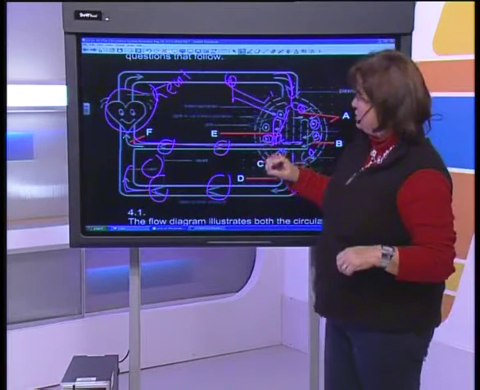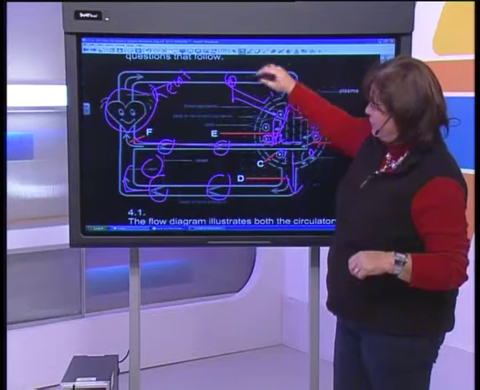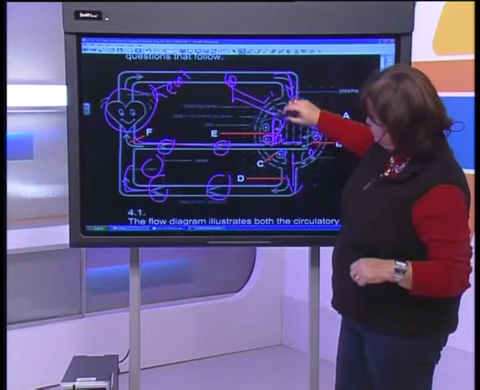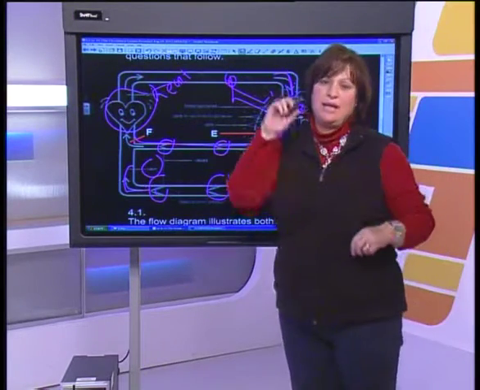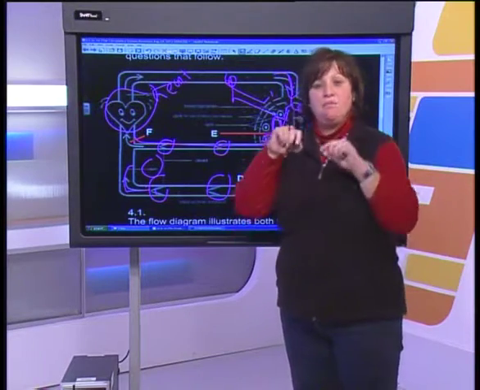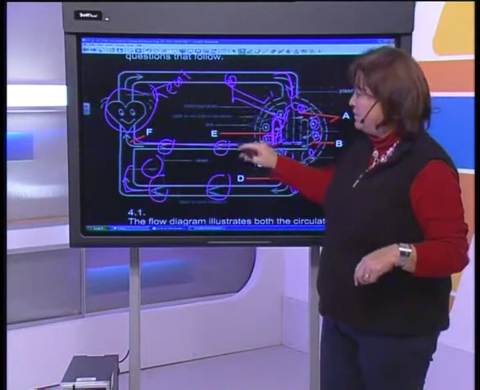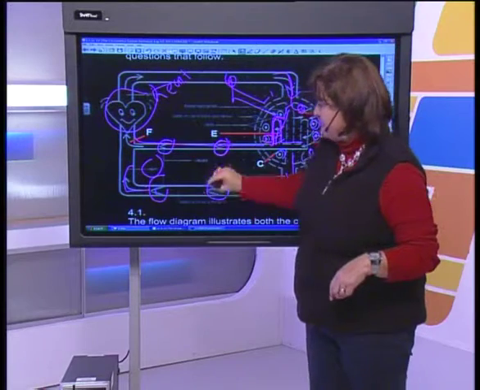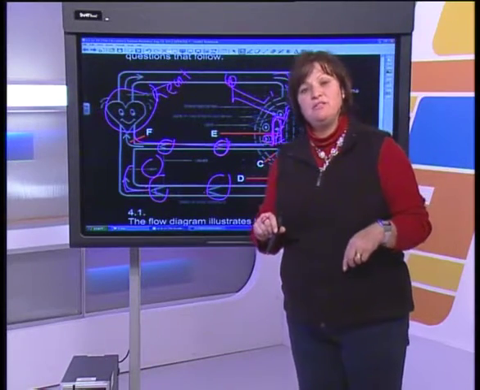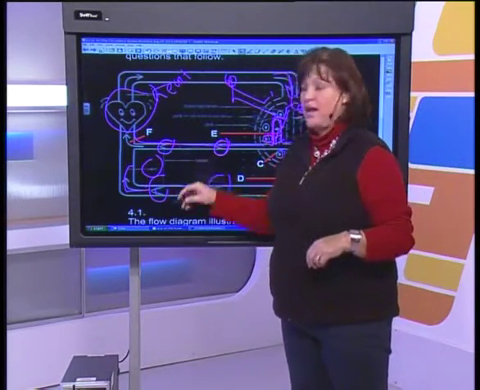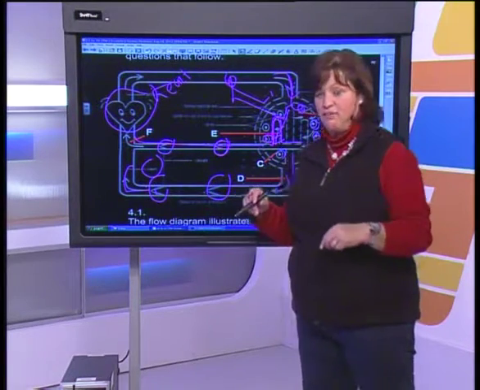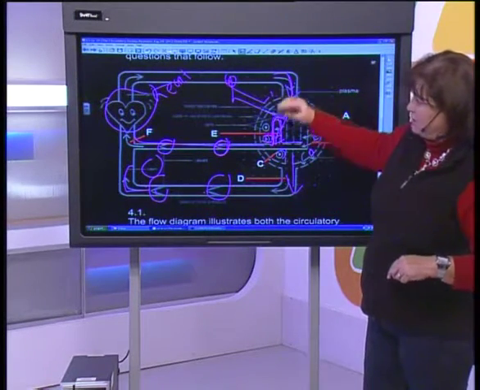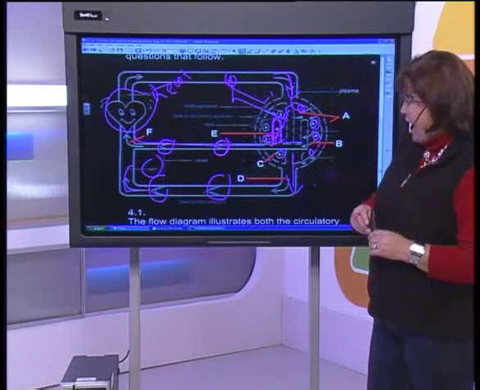Always notice the lymph has a blind ending vessel. You'll also notice veins and lymph vessels both have valves because they have to stop the backflow. So there we go with the lymphatic system.